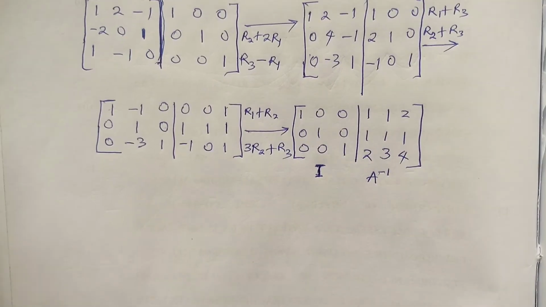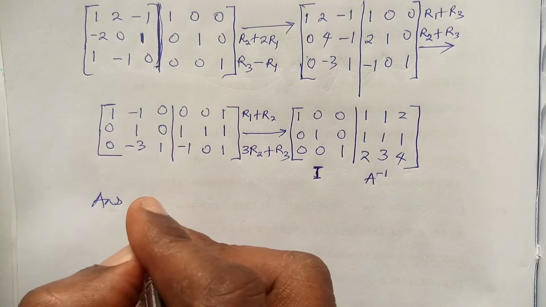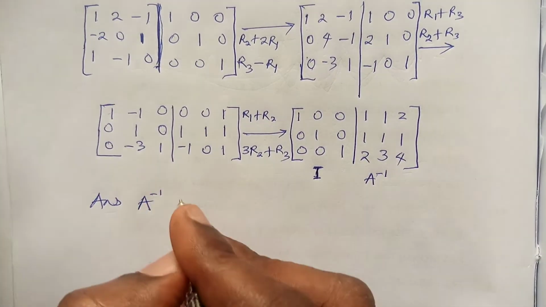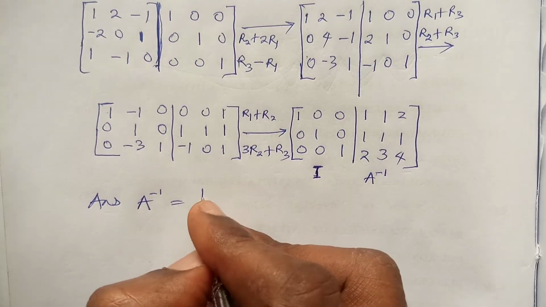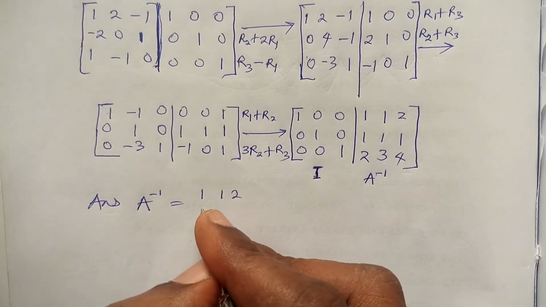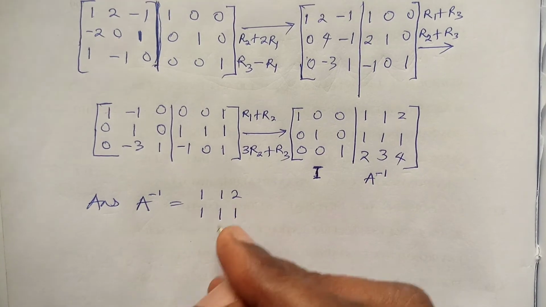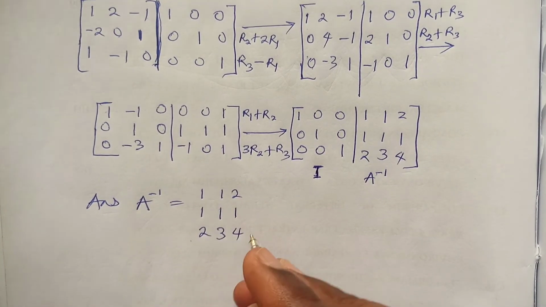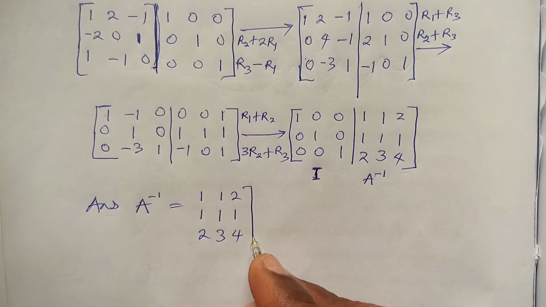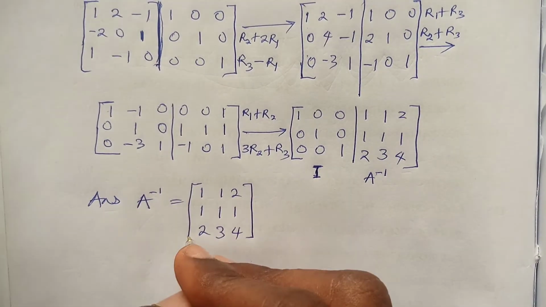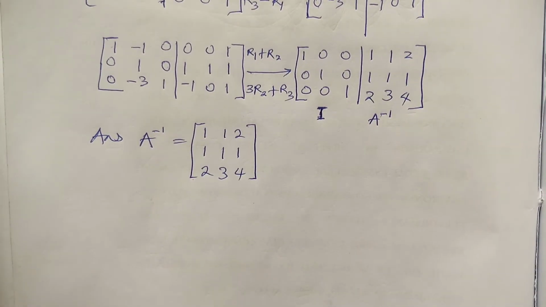That means A inverse is equal to 1, 1, 2, 1, 1, 1, 2, 3, 4. That's our inverse.